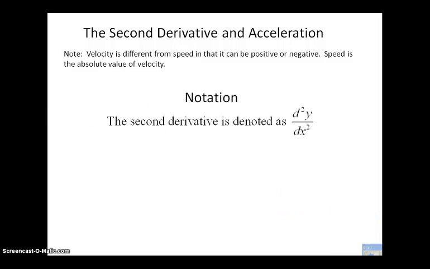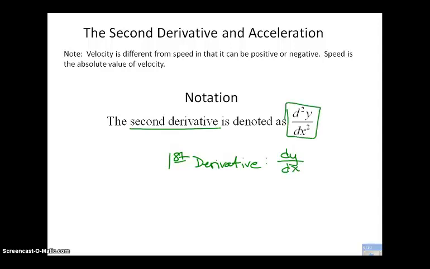So I want to make sure that mathematically you understand what that means. Here is Leibniz notation for the second derivative. The first derivative in Leibniz notation was the derivative of y with respect to x. The second derivative is denoted as d2y dx2. Now, it's a little more clunky than a second derivative in function notation.